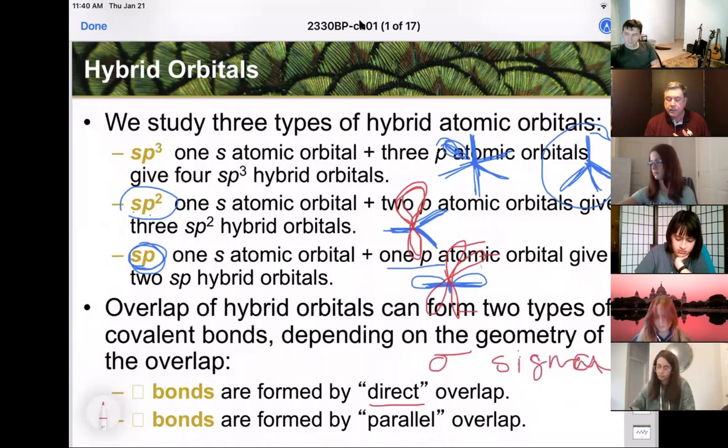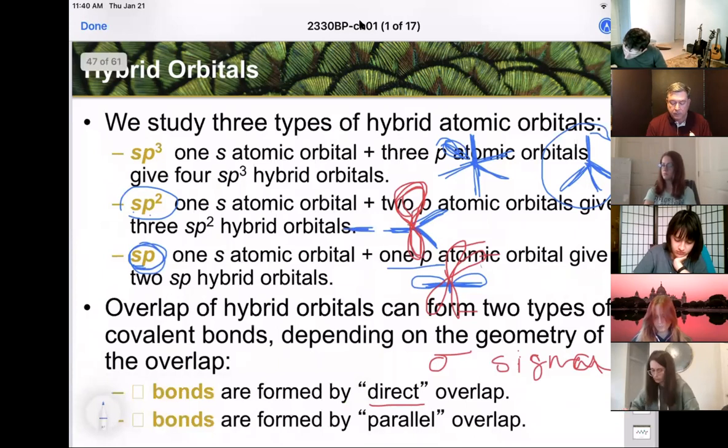Sigma bonds, okay? Because they are directly overlapping each other. But in the case of this p orbital, it's above and below the plane. And let's say we're going to bring another molecule with that same hybridization up close to it, here and here and here, with another s orbital, another unhybridized p orbital here.